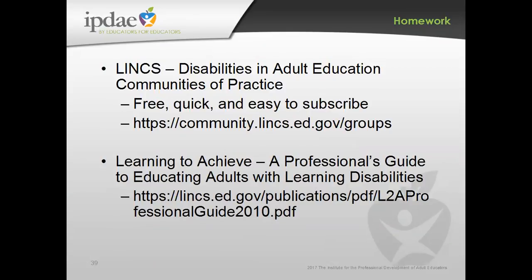So many things that you might ask about for LD will be in this guide. It's a large guide. There are other parts to that guide, and in next week's webinar I'm going to include more. All of these are free materials for you, and I'll include more things next time.